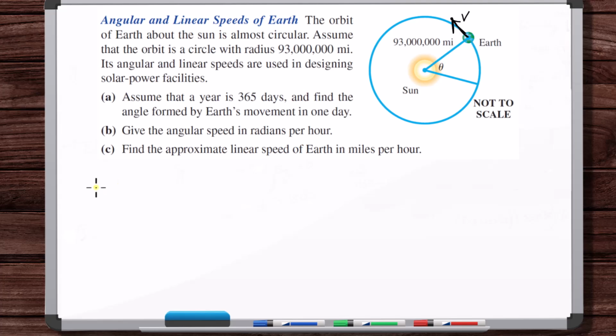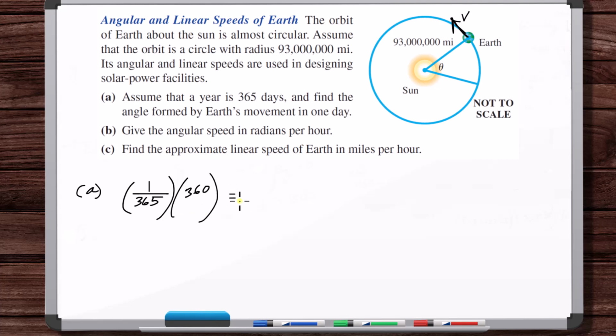Well, we can just use proportions. We're thinking about 1 over 365, this fraction of a full rotation. The Earth goes one full rotation in 365 days, so it's this fraction of a full rotation. But what's a full rotation? 360 degrees, or 2 pi.